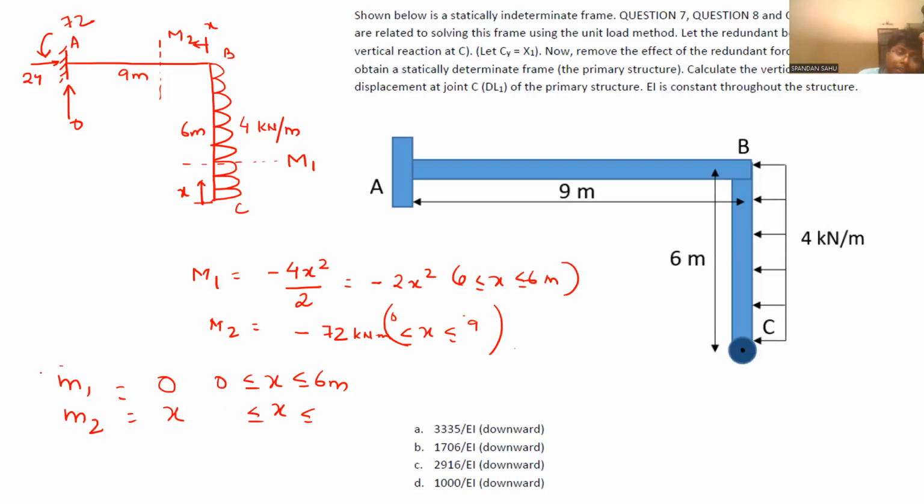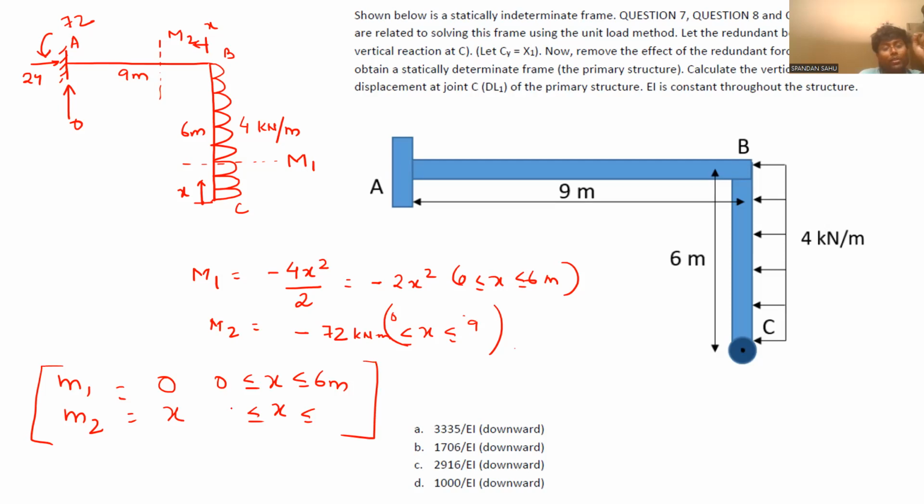Are you comfortable why m1 is 0? Yes, because this 1 unit load is axial, so no bending will come along BC.